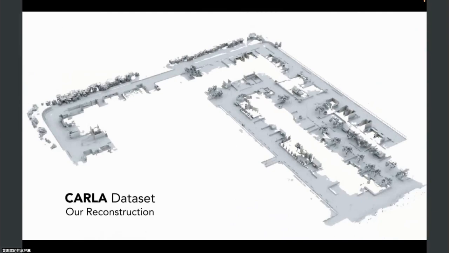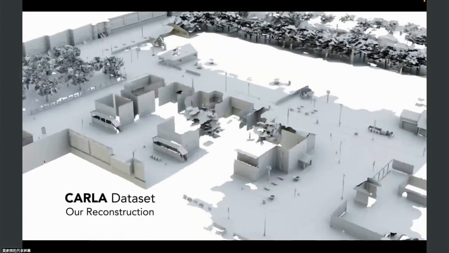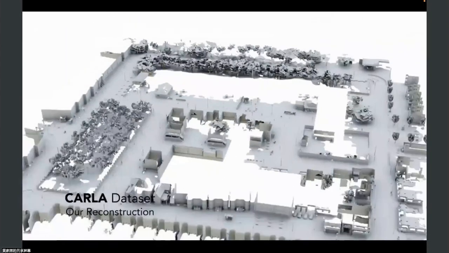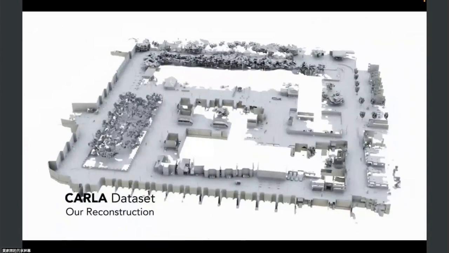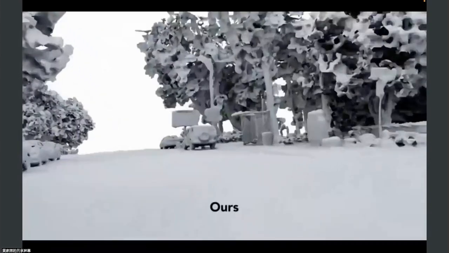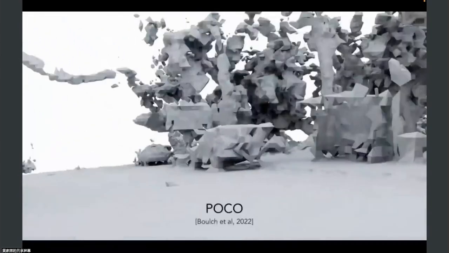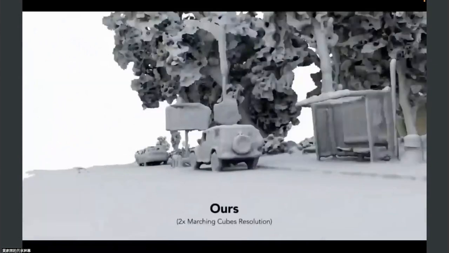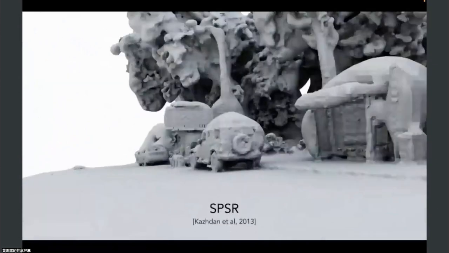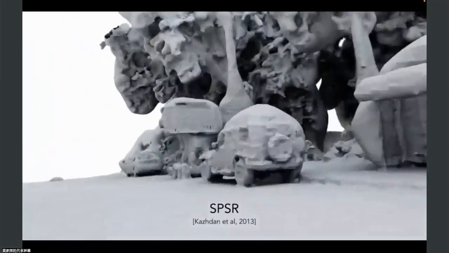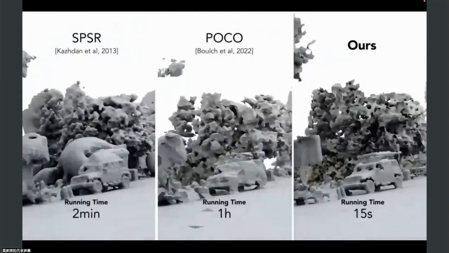We generate the data set using the CARLA simulator, which is a great simulator, by the way. So we could have ground truth supervisions from the simulators, and also a bunch of annotations and benchmarks from that. We could control the traffic and then generate the sequence of LiDAR frames very easily.